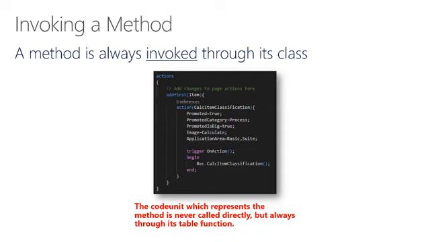That item table itself has a method to calculate the item classification. So I can call that directly from the page without having to declare any additional objects. And so the code unit that represents the method is never called directly, even though technically you could do that. But because we have a table function, it's just much easier to do it like that.